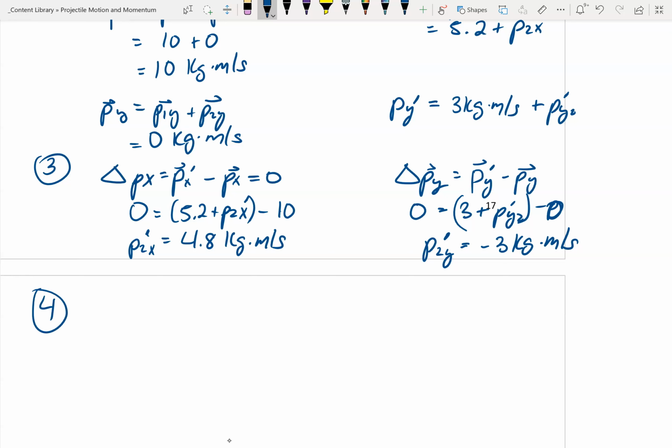Now we want to find the overall resultant of that. I'm just going to draw this as a vector diagram. In the x direction, it's positive. In the y direction, it's negative, so it's going to go down. And this is the vector we're looking for.